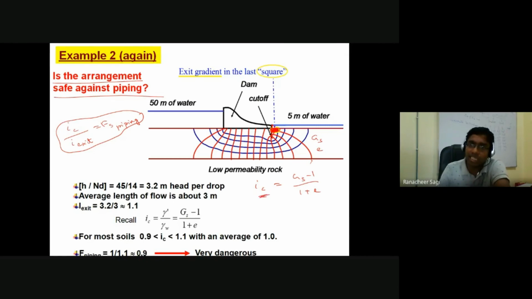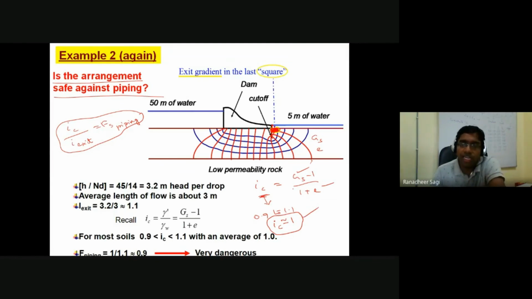In case that data is not known, in general, the critical hydraulic gradient roughly varies between 0.9 to 1.1. So approximately you can take i critical as simply equal to 1. If no data on Gs and void ratio of the soil is given, then you can simply write i critical as equal to 1.